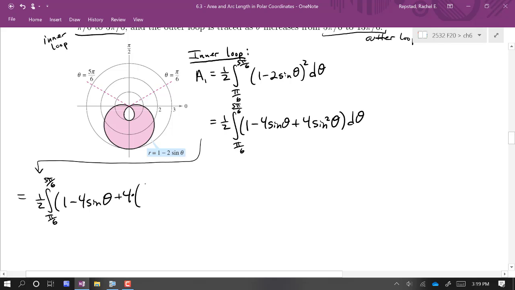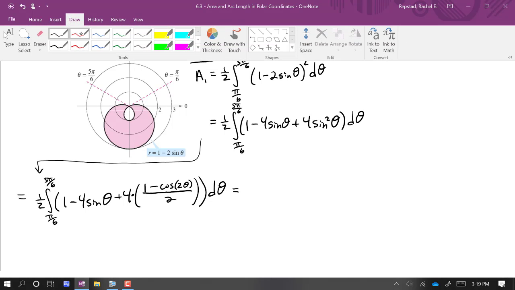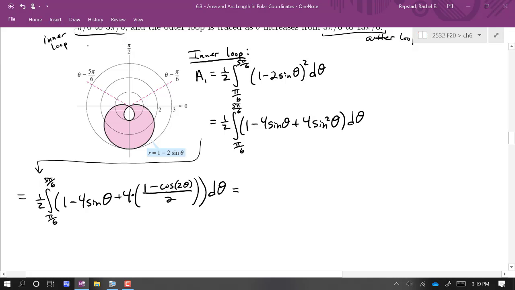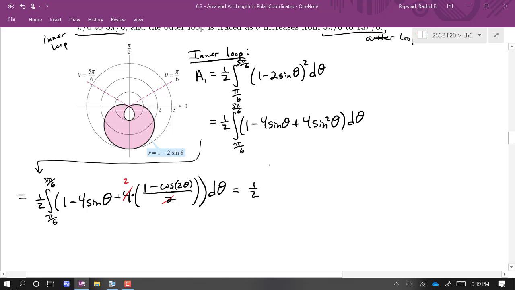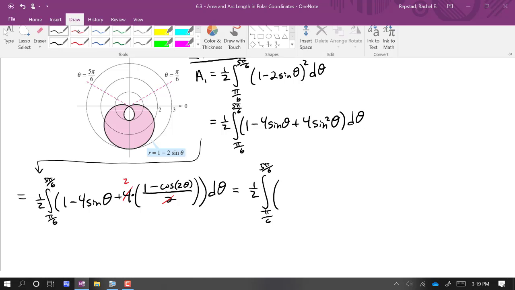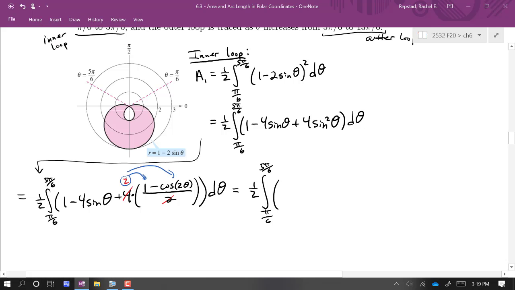Using the half angle identity, we get 1 minus cosine 2 theta over 2. Do a little canceling here. So we have this factor of 2 here, right, that's going to distribute in. So we have 2 plus 1 for our constant term.